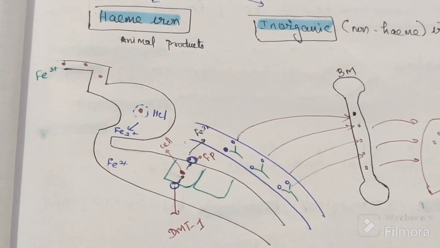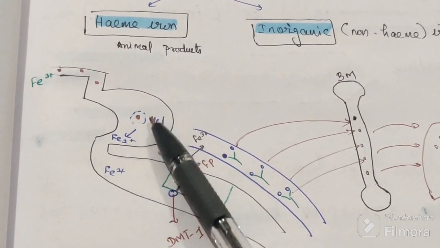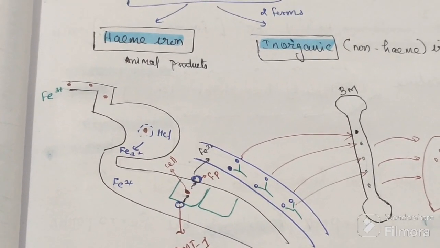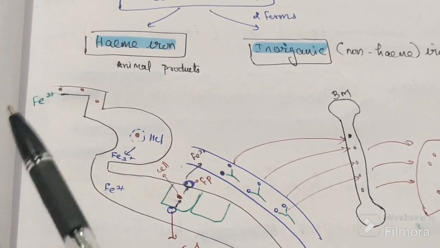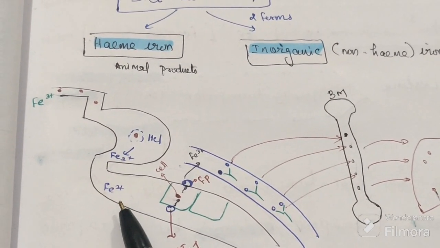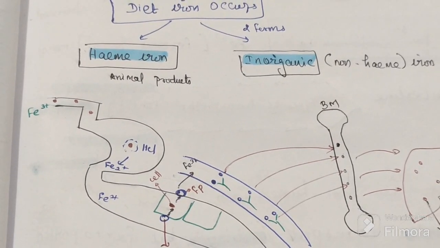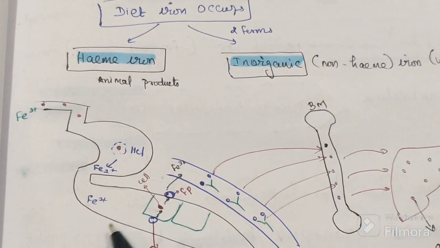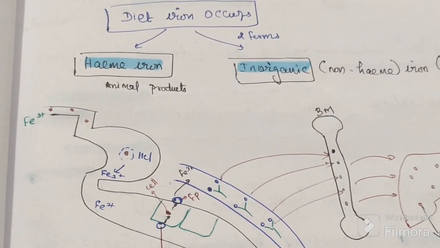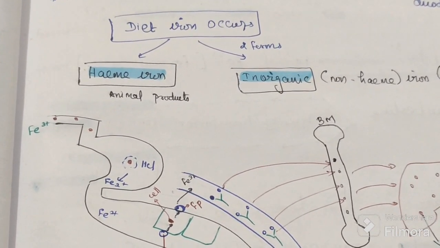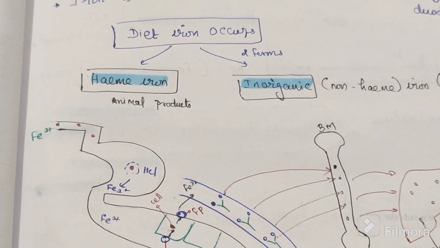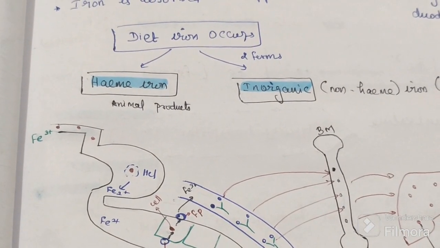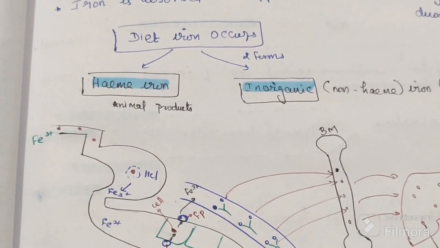More HCl secretion means more conversion, that is, Fe3 plus is converted into Fe2 plus. The more the conversion, the more will be absorbed. So acid is required for iron absorption, make a note of it.